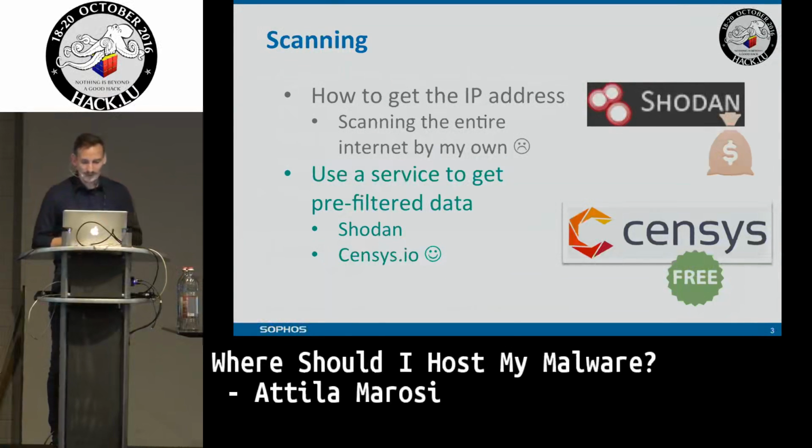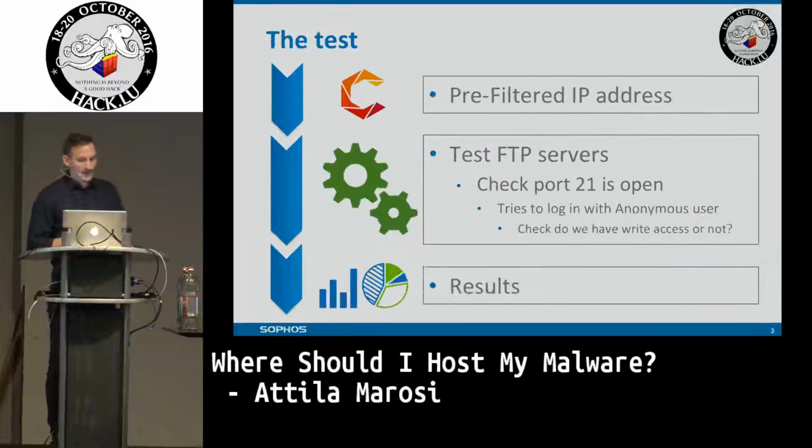So in this research and in ordinary days, I use Censys to get a good hint about the device and the IP address. So how could a process look like that gets pre-filtered data from one of the services? As I mentioned, I use Censys. Then do the test.